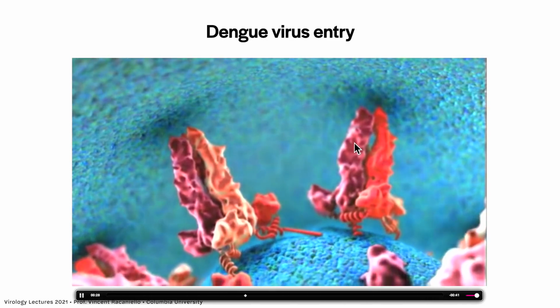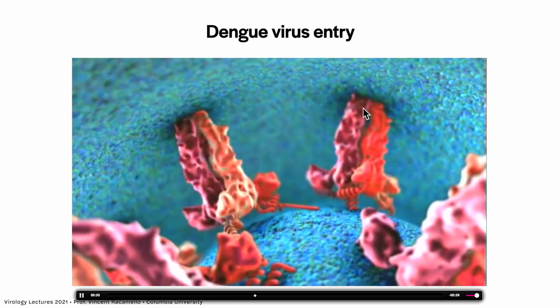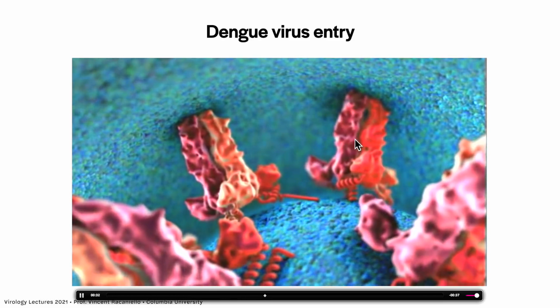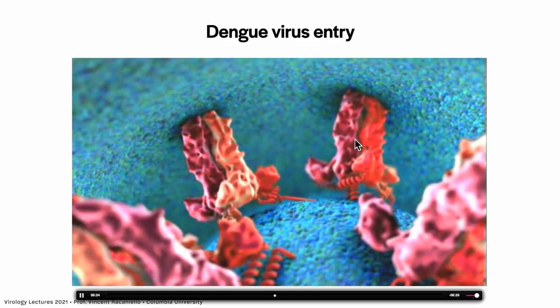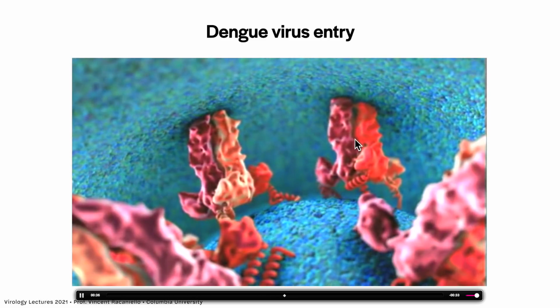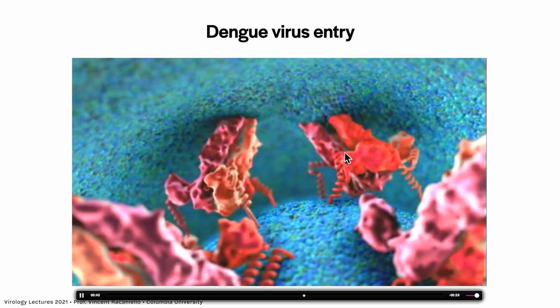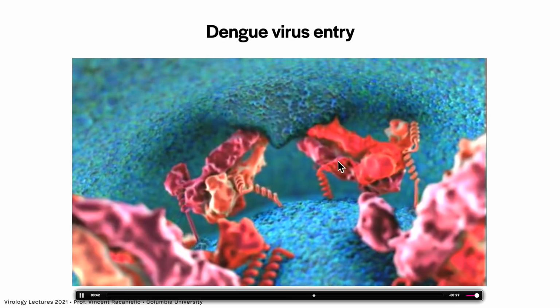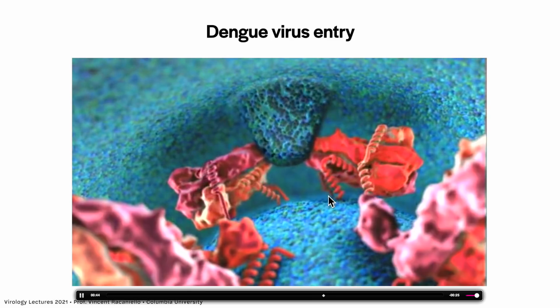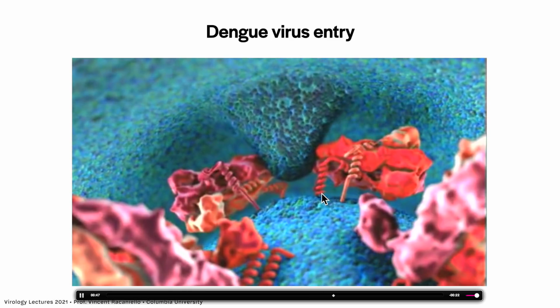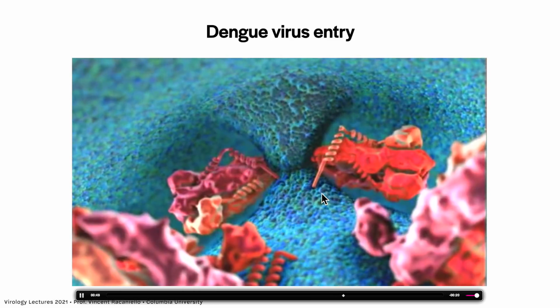And there they are closer up, fusion peptide going up, and then these proteins are going to hairpin. The hairpin is not so visible, but you can see it sort of here, these coils moving up along the proteins there, bringing the membranes together, and eventually they're going to fuse.